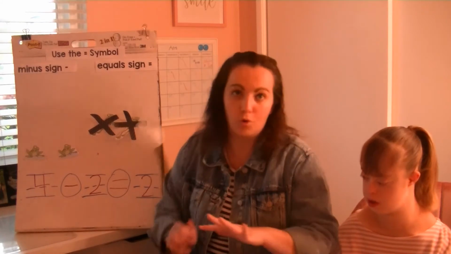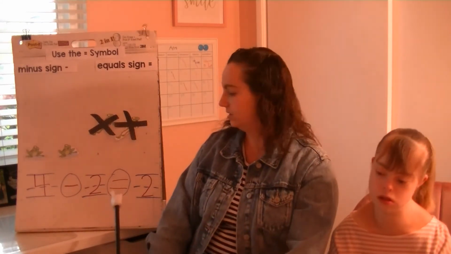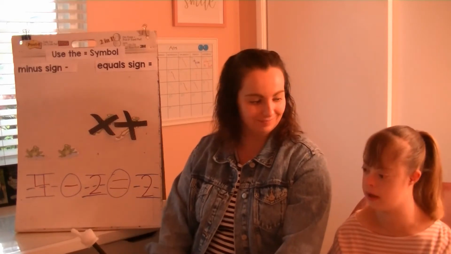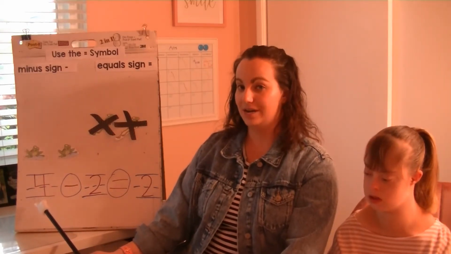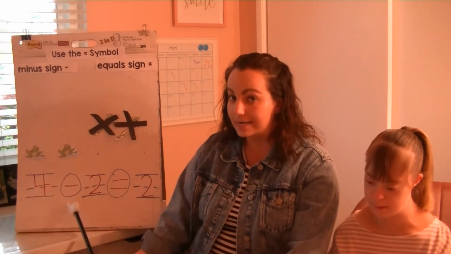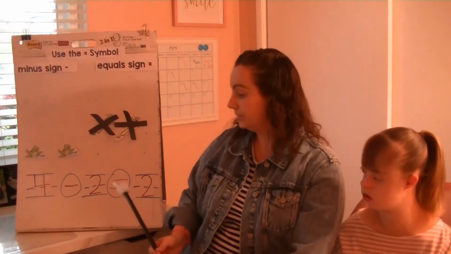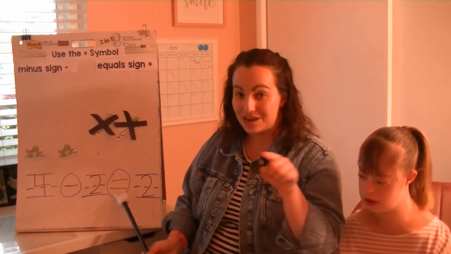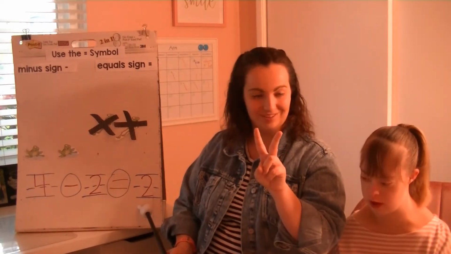I know I totally changed things up on you and included the equal sign. Let's reread. Ready, set, read with me. 4 minus, or take away, 2, what do we say? Equals 2.